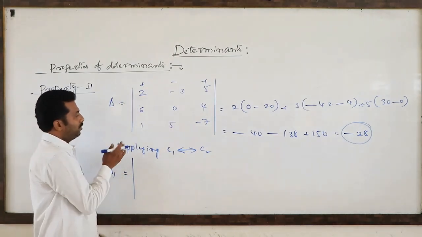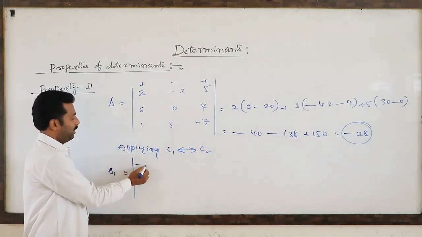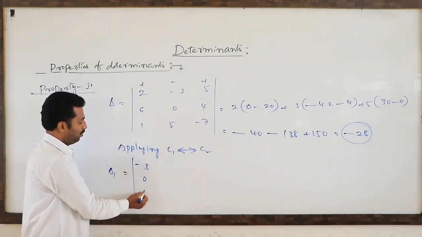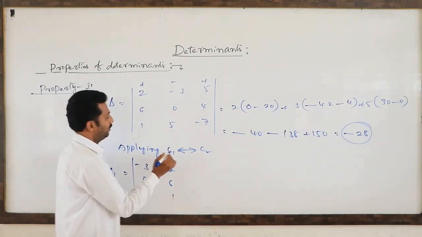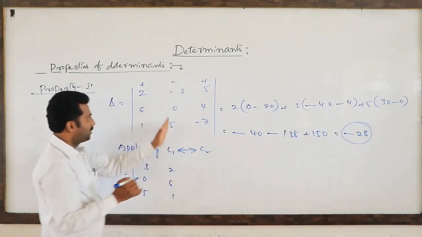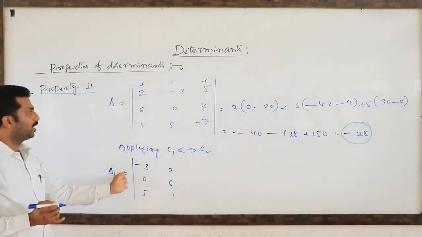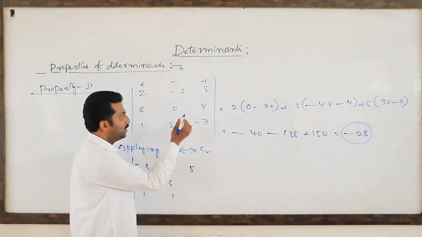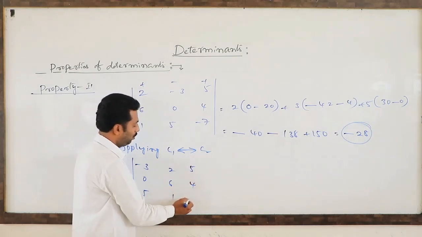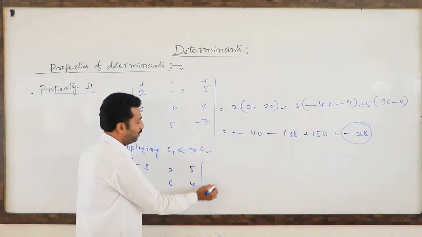C1 and C2 interchanged gives minus 3, 0, 5; 2, 6, 1; 5, 4, minus 7. That is, the second column becomes the first column and the first becomes the second. There is no change in the third column.